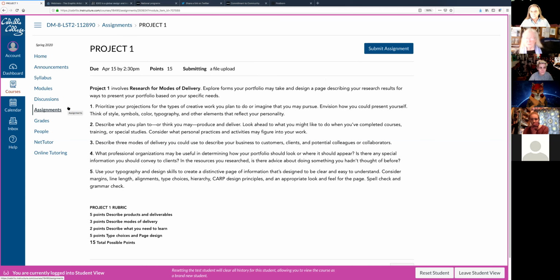Think about what professional organizations may be useful in determining how your portfolio should look. So we saw AIGA and we saw Graphic Artists Guild, and there are a bunch of others out there to serve designers.